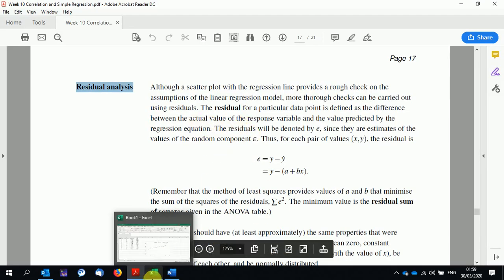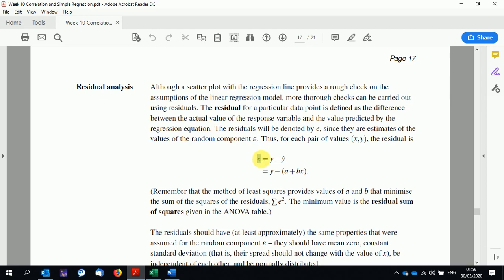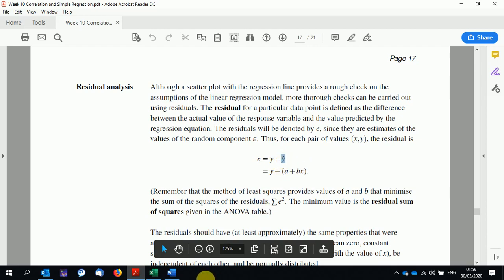Don't let this scare you. I think that's why I got this question. Error is equal to the true value minus the value that I got from the straight line. That's exactly what we did.